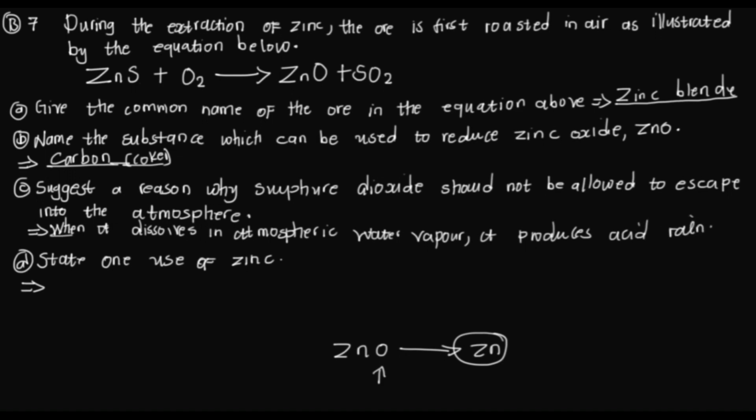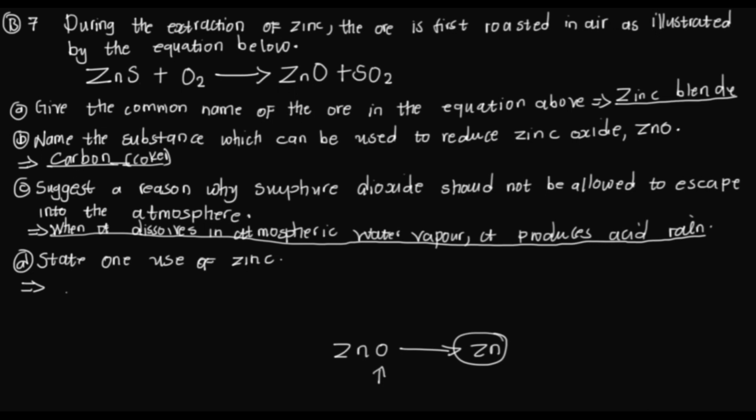So that is the negative impact of sulfur dioxide if allowed to go into the atmosphere. So it produces the acidic rain. Then the acidic rain may corrode the living organisms such as plants.